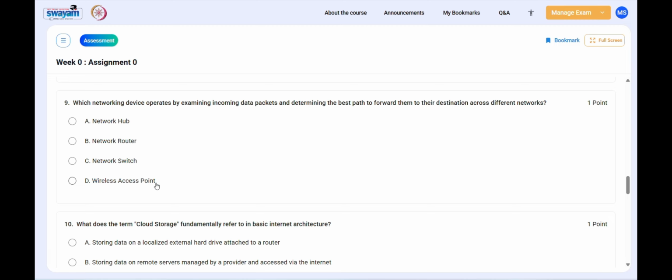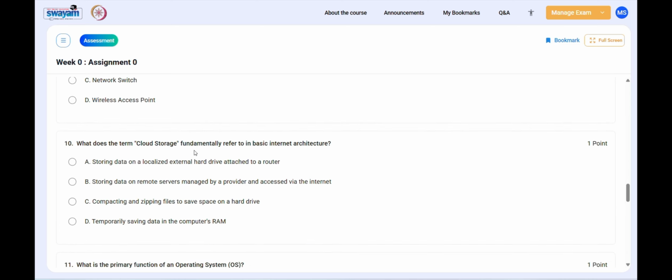Option B is correct, because network router is the correct answer. Then, what does the term cloud storage fundamentally refer to in basic internet architecture? Storing data on a remote server managed by a provider and accessed via the internet is correct.